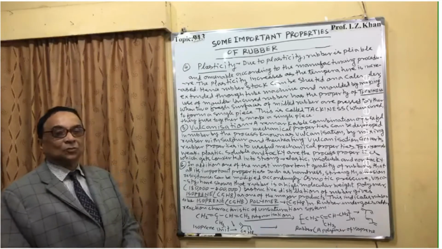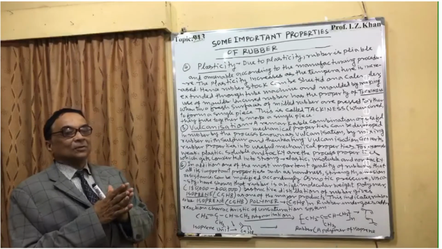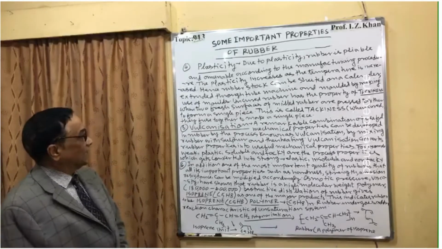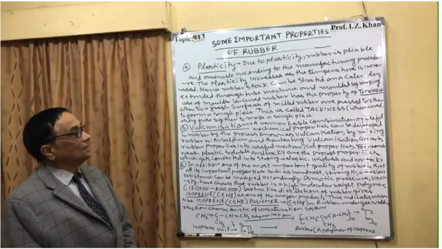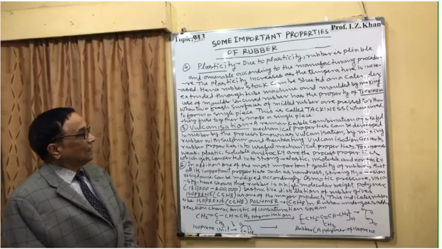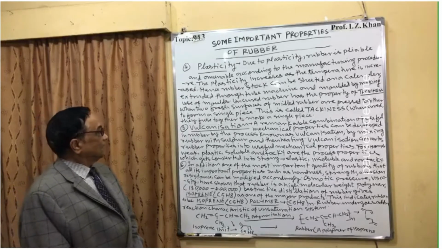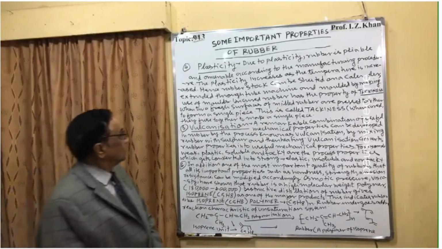So if you break two pieces, because of stickiness they will become one piece because of the adhesive property. That is called tackiness.